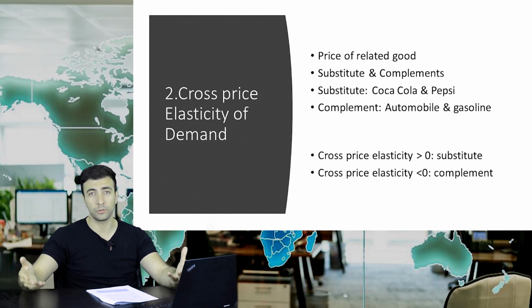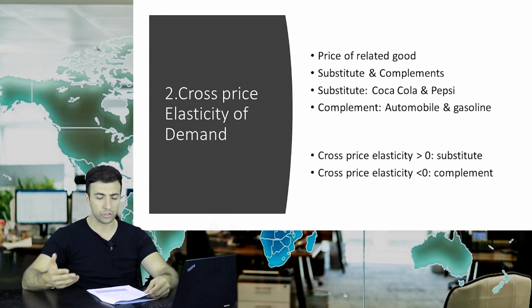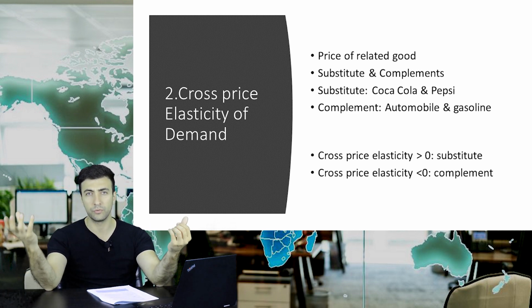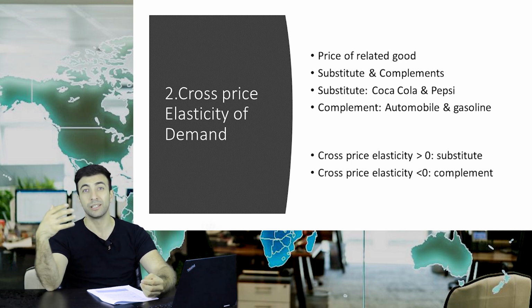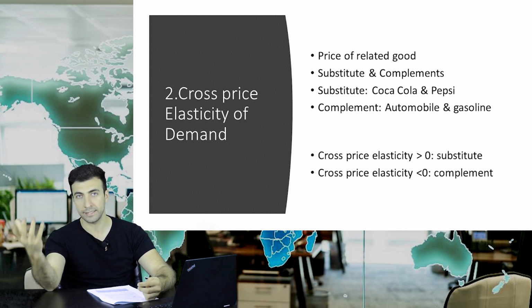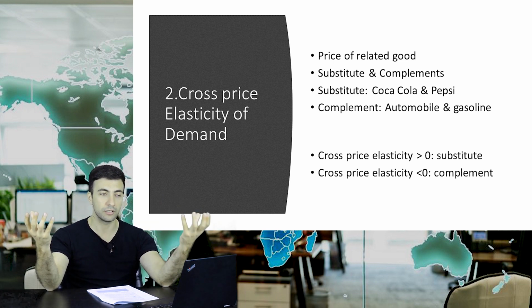But in the real world, we know that nothing is constant, everything is changing, including the price of related goods. So in cross price elasticity of demand, we measure how the demand of a specific good changes, reacts, responds, or to what extent it is sensitive to the change in price of its related good.